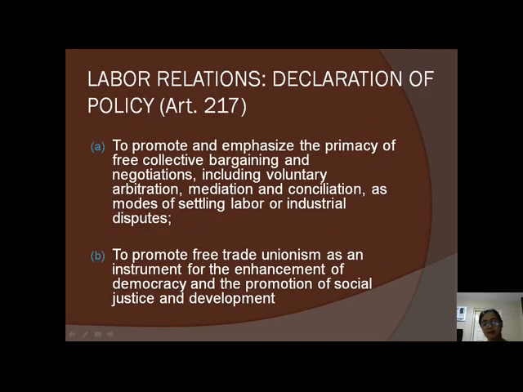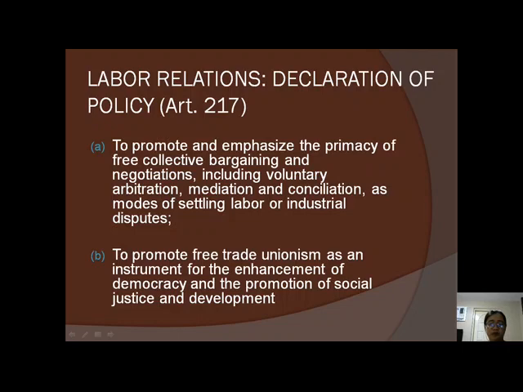Now, let us know first the declaration of policy under Article 217 of the Labor Code, governing labor relations. The first one is to promote and emphasize the primacy of free collective bargaining and negotiations, including voluntary arbitration, mediation, and conciliation, as modes of settling labor or industrial disputes.